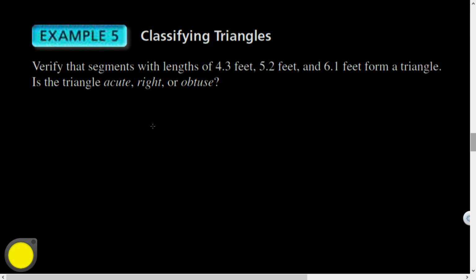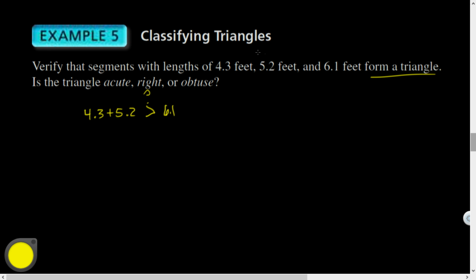So, verify that segments with lengths of 4.3 feet, 5.2 feet, and 6.1 feet form a triangle, and then is the triangle acute, right, or obtuse? What do they mean, verify that it forms a triangle? How would I do that? From a few chapters ago, the sum of two sides must be greater than the other side, right?